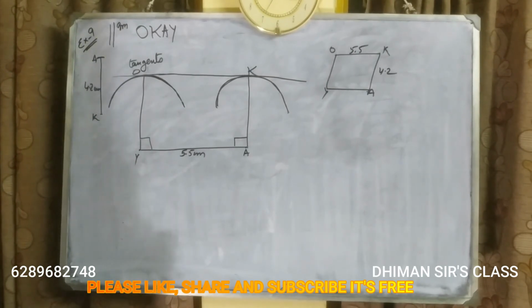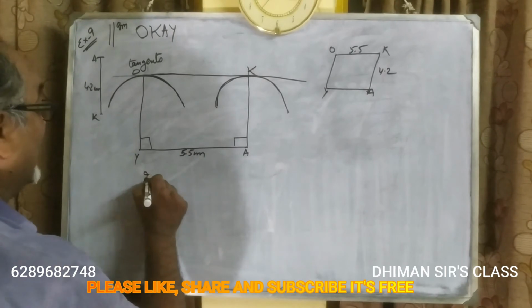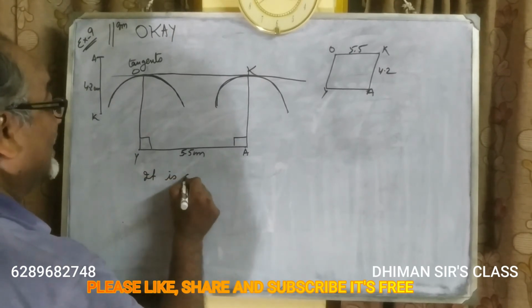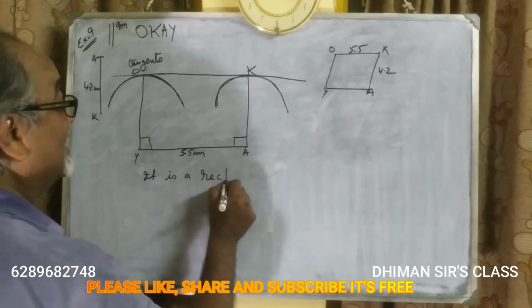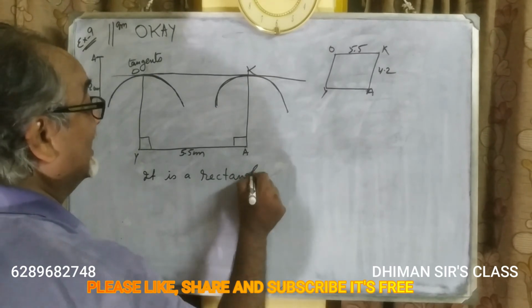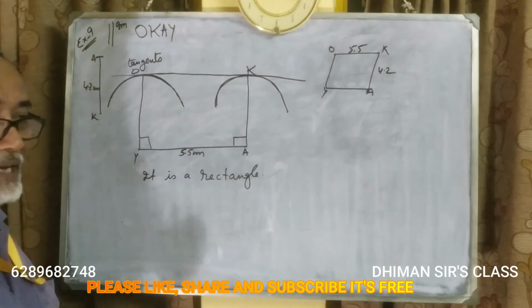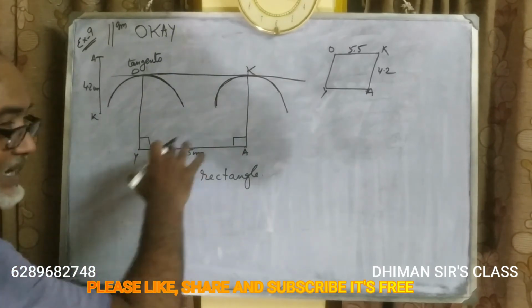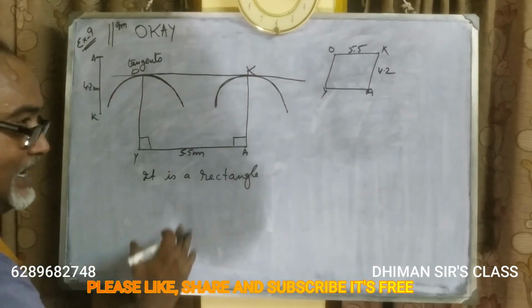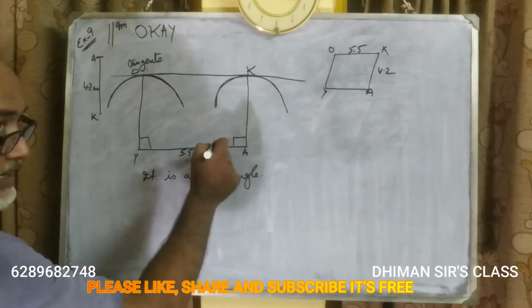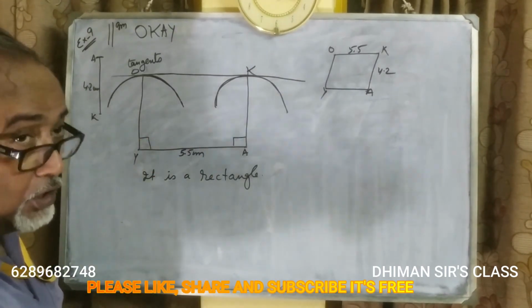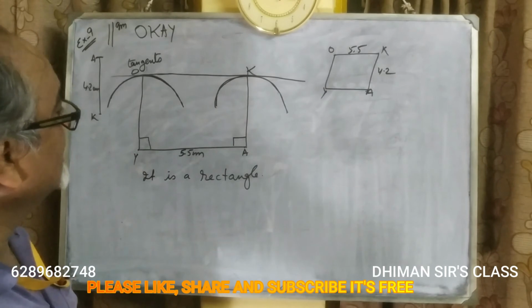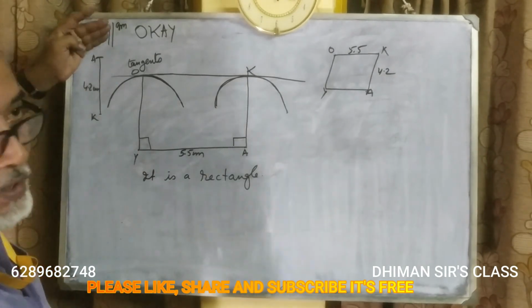Okay, students? So therefore, it is a rectangle. It is asked, suppose, that is it a unique? Yes, it is unique because this is a quadrilateral, and such quadrilaterals where these two angles are 90 degrees, we have already drawn also like this. So this becomes a quadrilateral and a parallelogram.